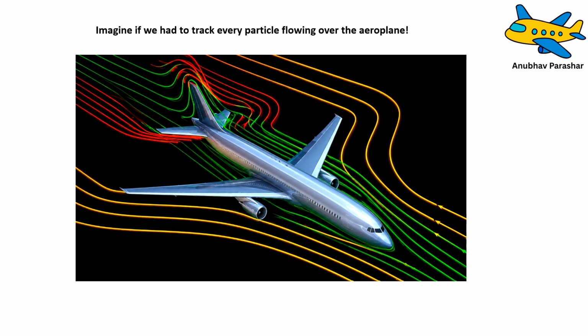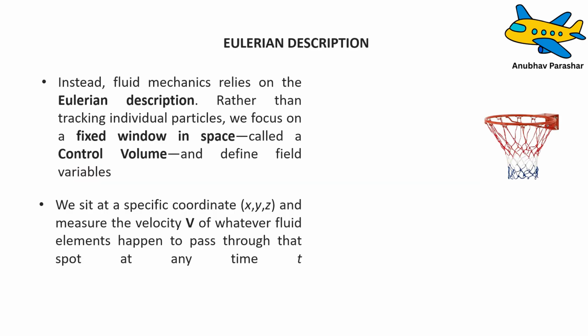So here comes the other approach, that is the Eulerian approach, where instead of tracking each and every particle, we define a control volume. And instead of roaming around tracking the particle, we stay fixed. Our X, Y, Z coordinates are fixed, and we simply track all the particles that are coming into the control volume and going out of the control volume.